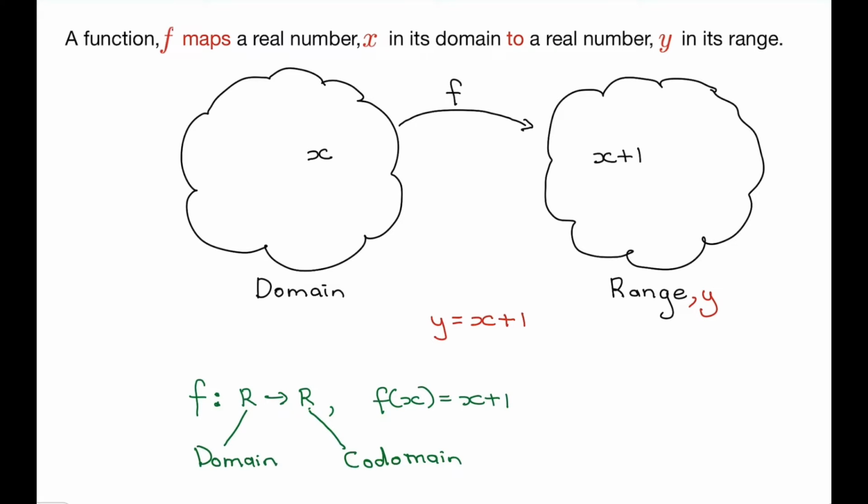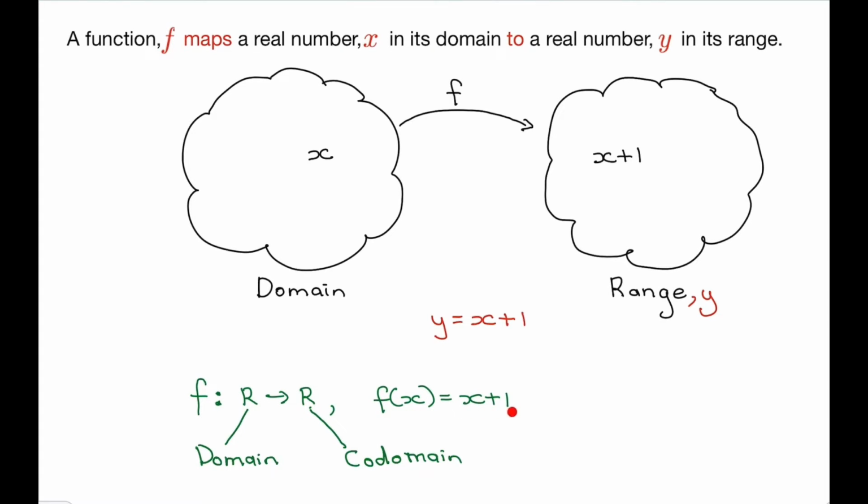So the range has to be inside that set. And then we have the rule. This rule is telling us that f acts on x to produce x plus 1.